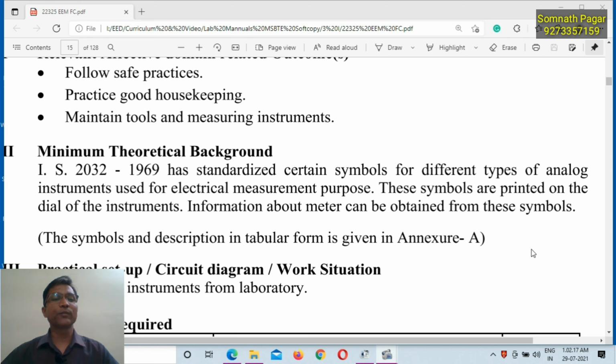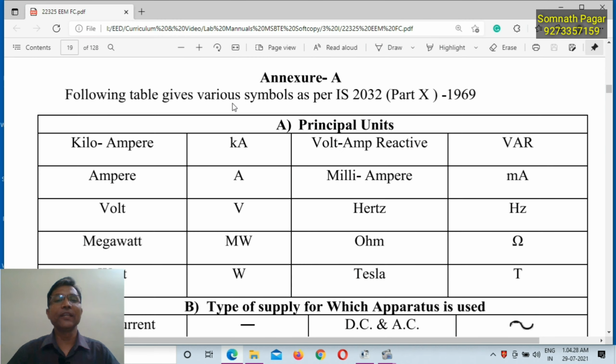IS 2032 of 1969 has standardized certain symbols for different types of analog instruments used for electrical measurement. These symbols are printed on the dial of the instruments. Information about the meter can be obtained from these symbols. So let us see the symbols and descriptions. The following table gives various symbols as per IS 2032 of 1969.